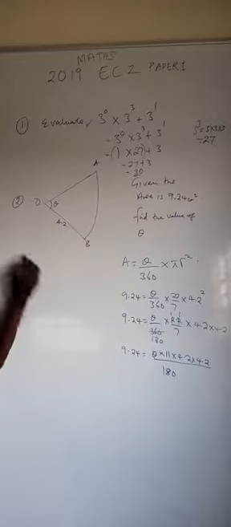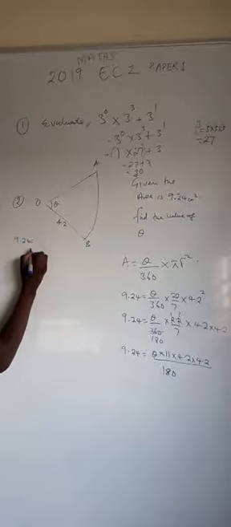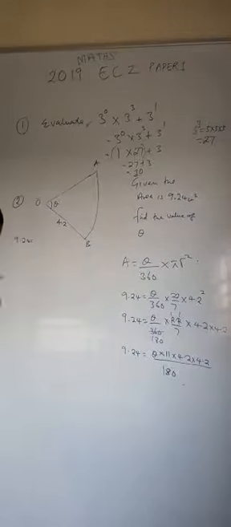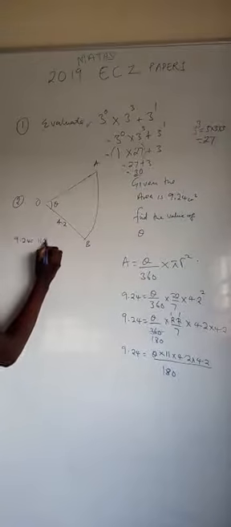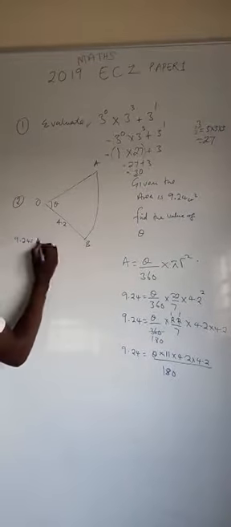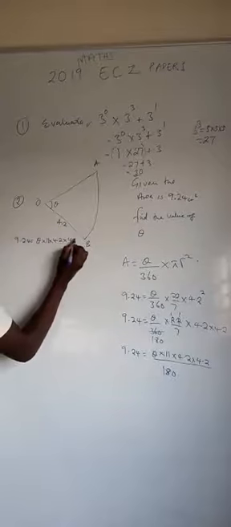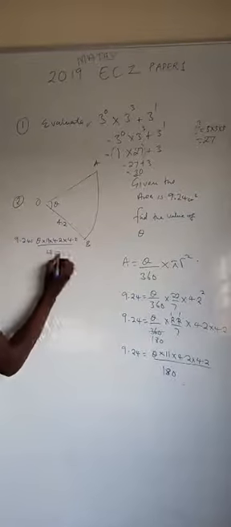So bring it here. 9.24 is equal to theta times 11 times 4.2 times 4.2 over 180.